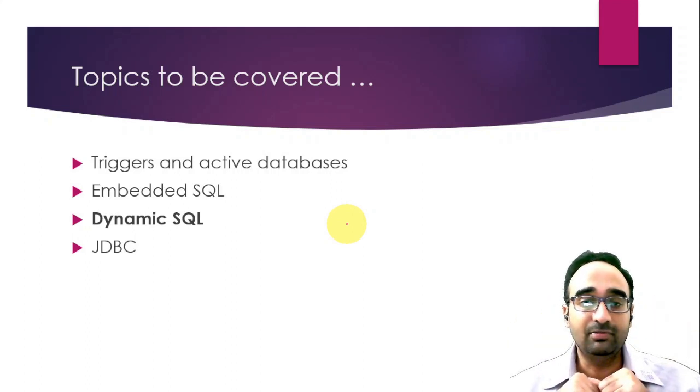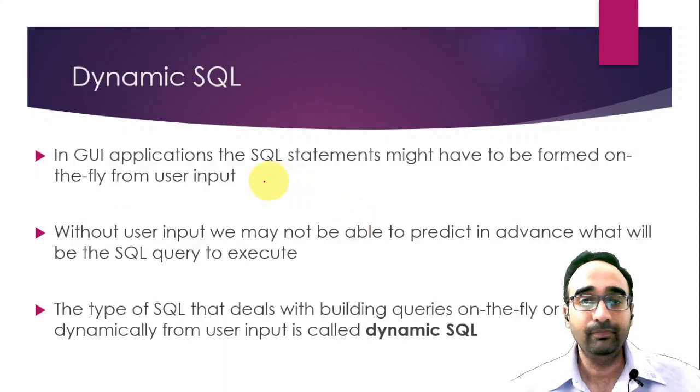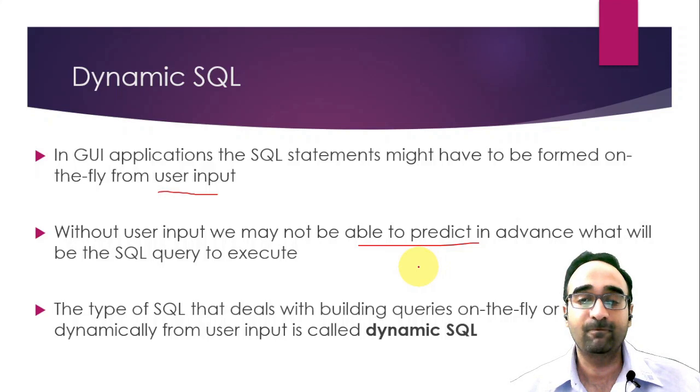So that's why we have to use something called dynamic SQL. If your query is created on the fly, that is during runtime, that kind of SQL is called dynamic SQL. As I told you, your SQL query might be based on user input, and it is not possible to predict in advance what value the user will select.